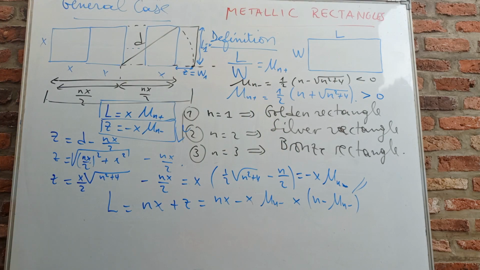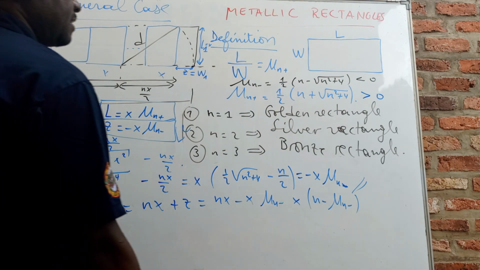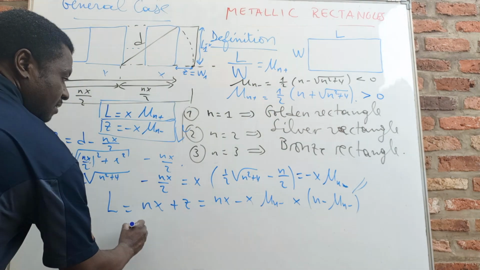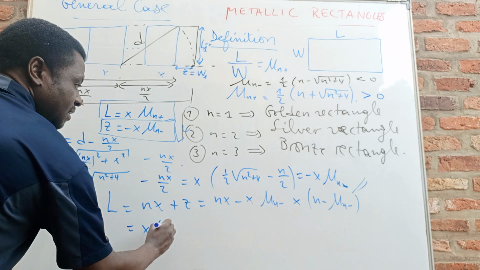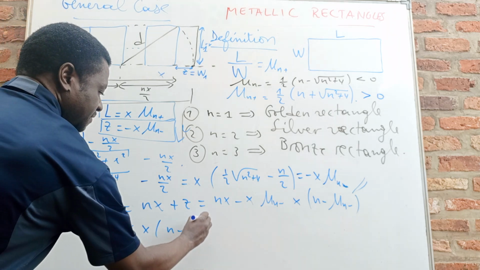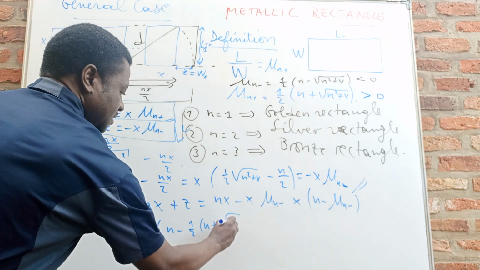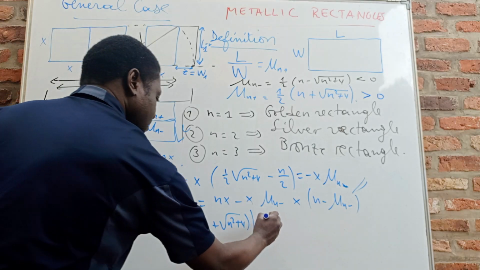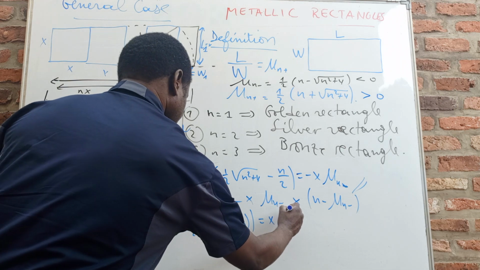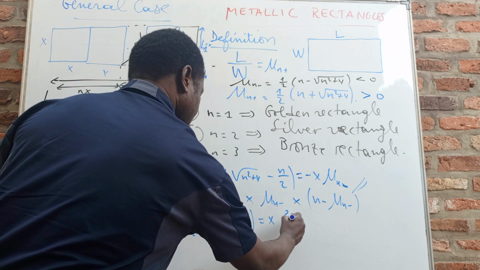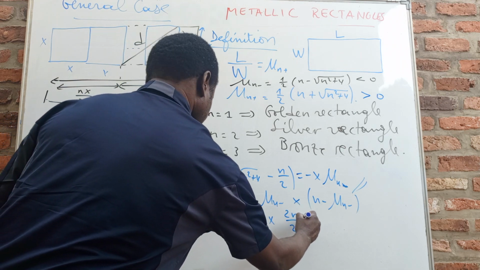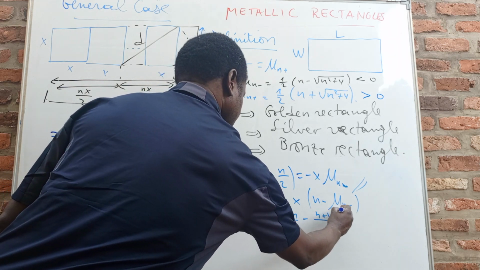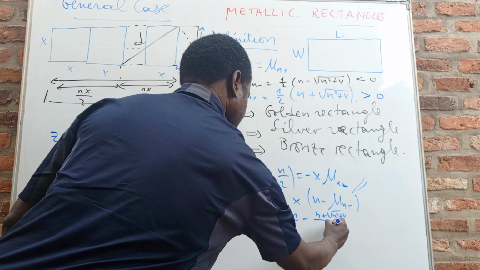This difference is clearly the metallic ratio, because we have n minus half of (n plus square root of n squared plus 4), so 2n over 2 minus (n plus square root of n squared plus 4) over 2.